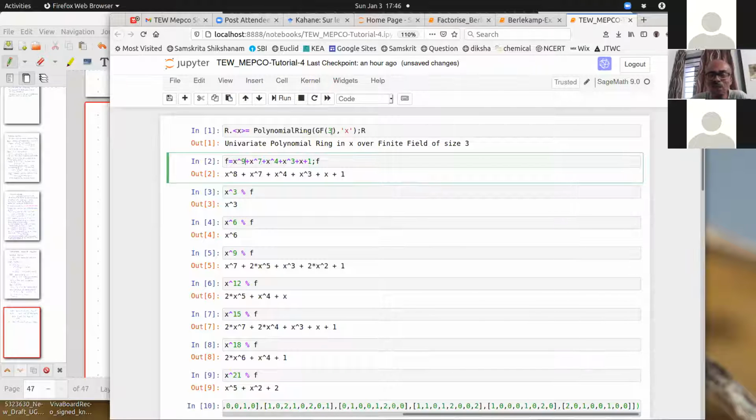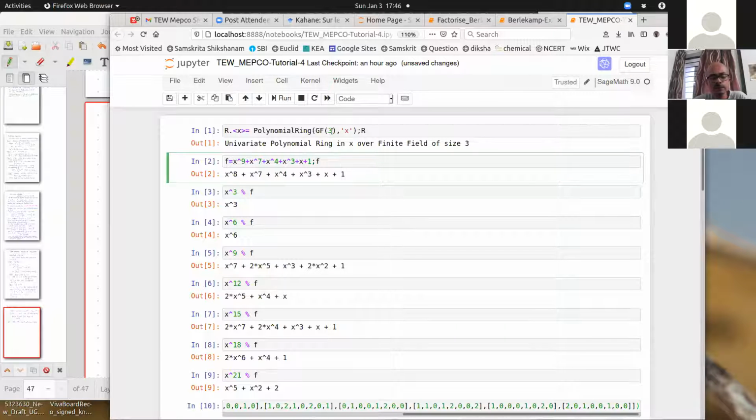There is a problem in going to these prime powers, because this program implements finite fields of higher degree by looking at the polynomial ring.